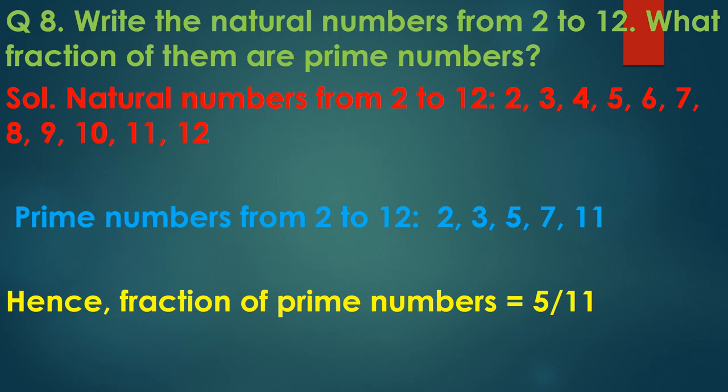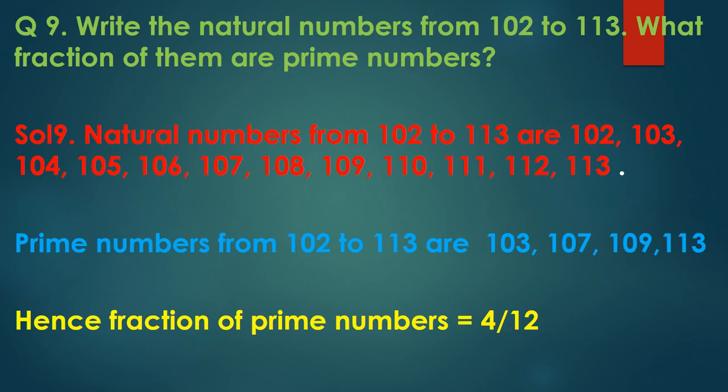Next is, write the natural numbers from 2 to 12. What fraction of them are prime numbers? This we have discussed yesterday also. Natural numbers from 2 to 12 are 2, 3, 4, 5, 6, 7, 8, 9, 10, 11 and 12. They are 11 in number.